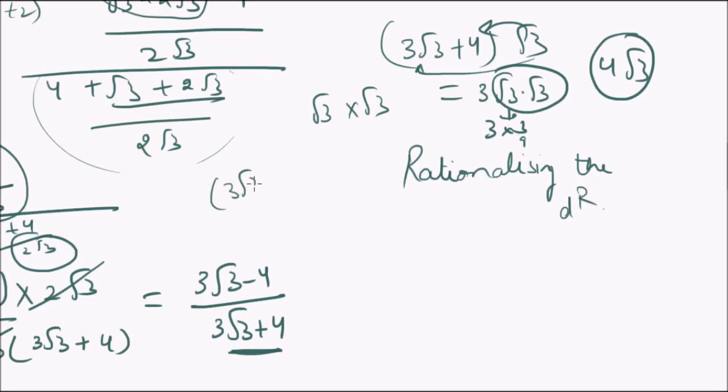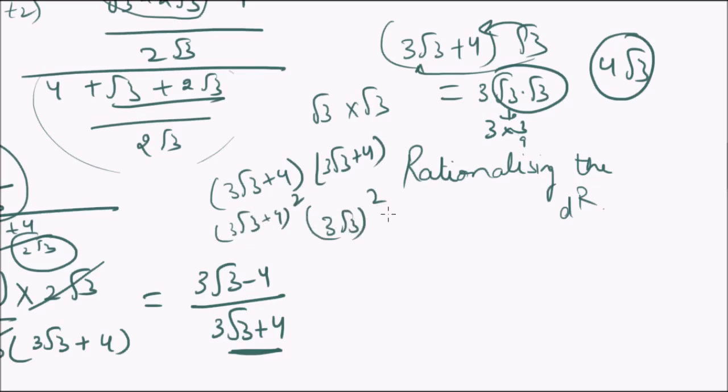say if we are multiplying this by the same constant, it will become a plus b whole square. So by using the identity, it will become 3 under root 3 whole square plus 4 square plus 2 into 4 into 3 under root 3.